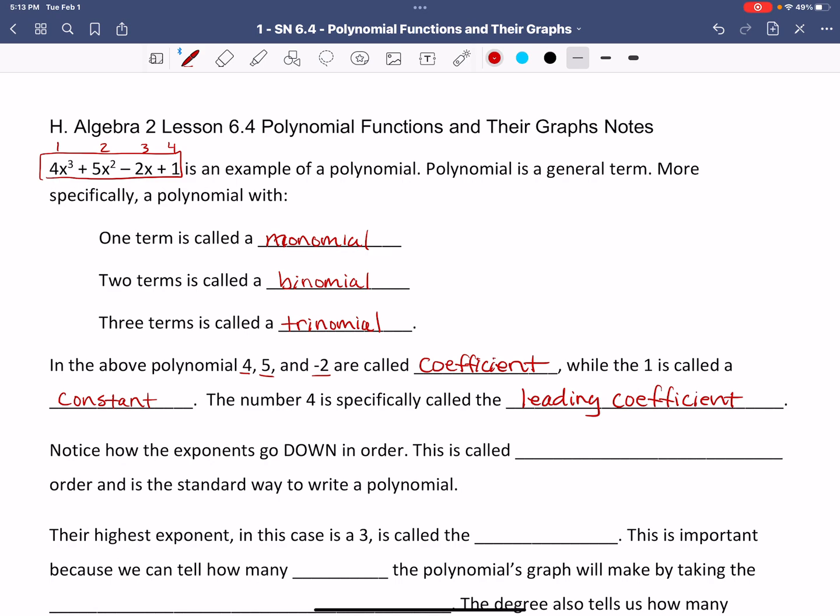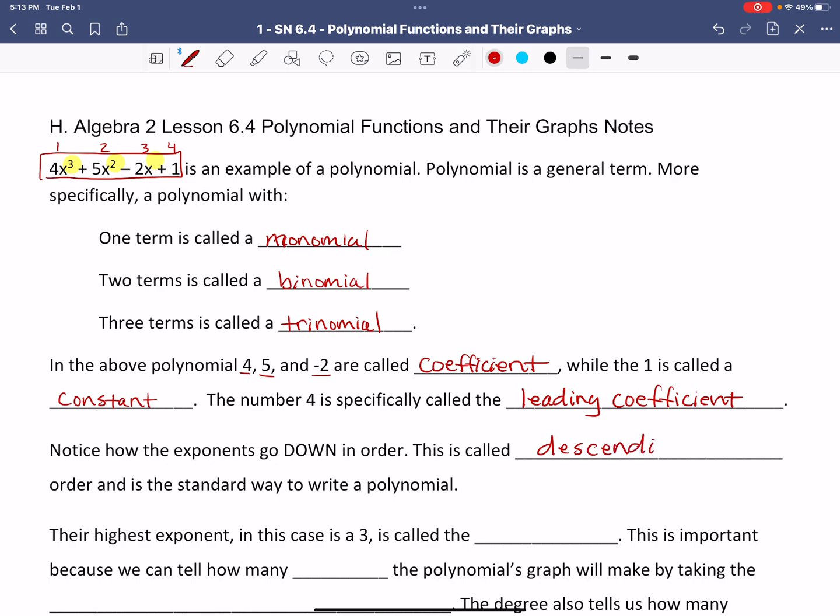The next thing I want you to notice is that the exponents are in order: 3, 2, then there's a 1 in there, but we don't ever write exponents with the 1, and then there's none. That 3, 2, 1 order is standard form, and it is called descending order.